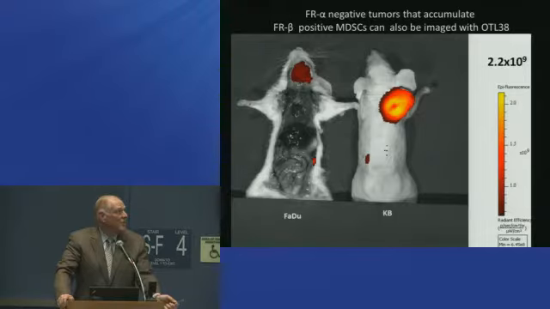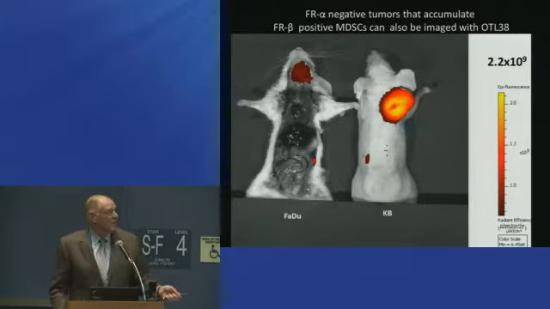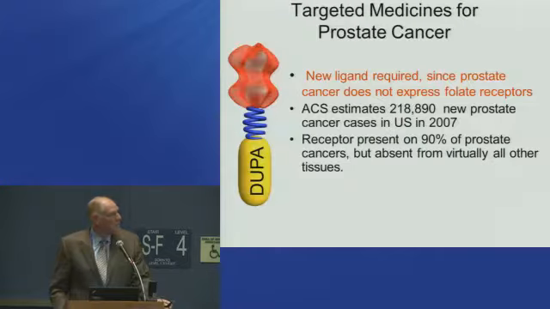And even though they're fewer in number than the cancer cells, it's still possible to image many of these folate receptor negative cancers because of the influx of these folate receptor positive macrophages. And we think that this is also important for therapy because they, as I mentioned earlier, are very important for the survival of the tumor.